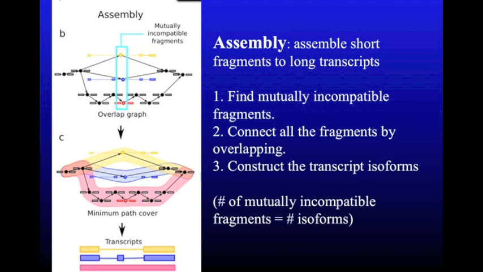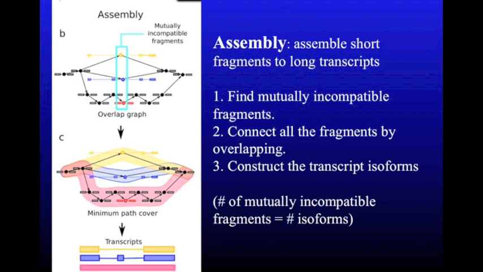Then with these mutually exclusive fragments as the starting point, we connect all the other fragments by overlapping. In this example, the yellow, blue, and red represent 3 possible transcripts, and we try to assign the fragments to one of these 3 transcripts.